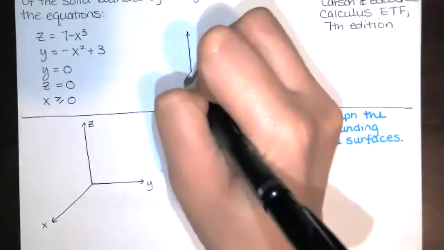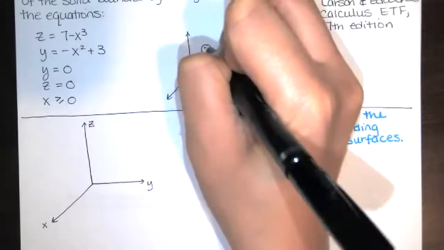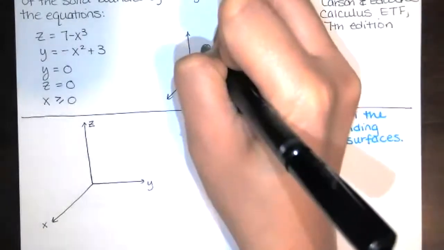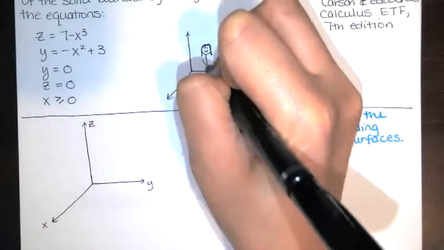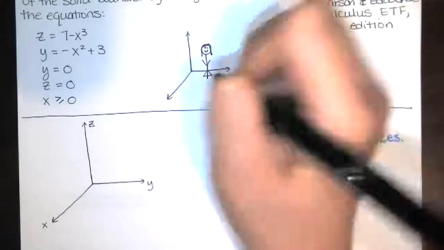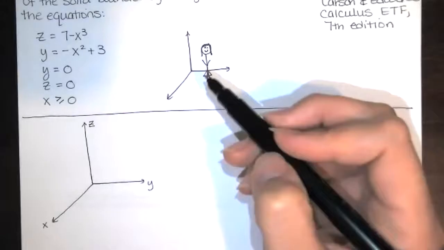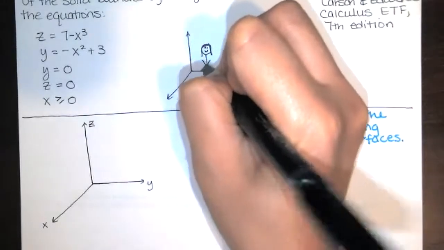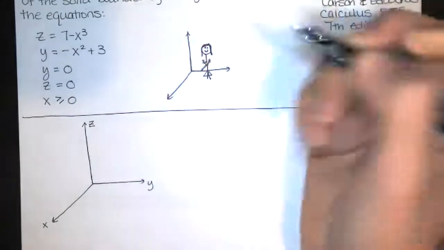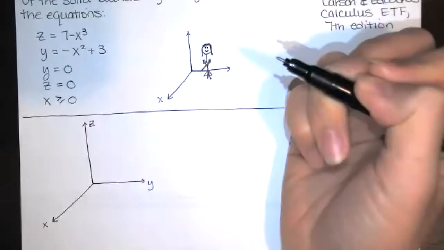Now remember, in three-dimensional space, let's say we're in a classroom and I'm your teacher standing at the board. If I put my right arm straight forward, my right arm would point in the direction of the x-axis.